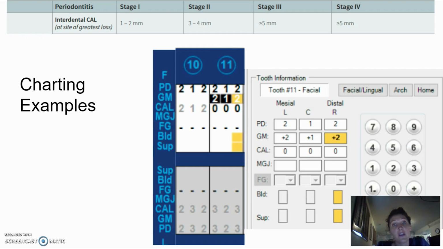Very much so. So if we feel like it's health, we might just have to ignore some of these numbers, depending on the charting system you're using, and say, well, that's within health, and then take more thorough measurements of those that need to be measured correctly.